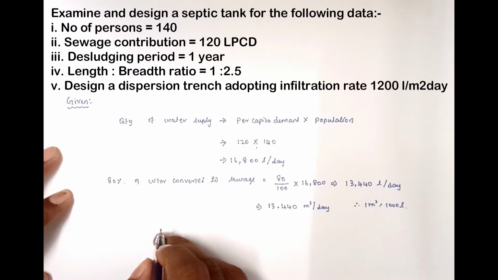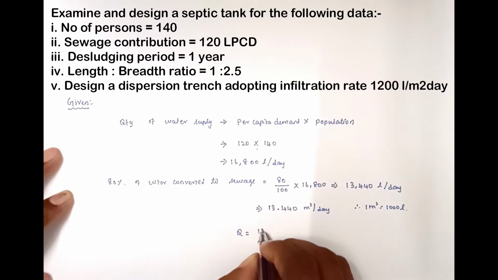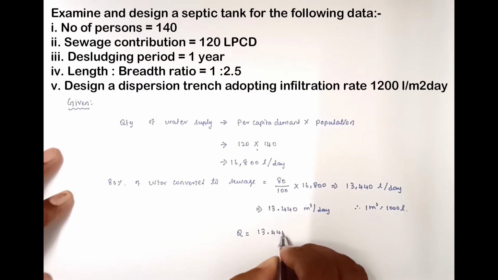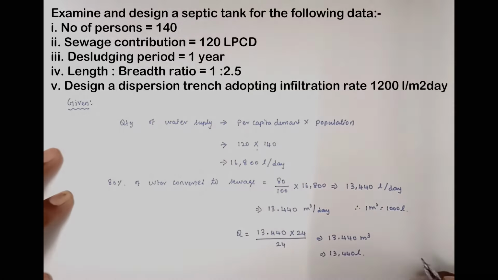Again, we calculate the detention period for 24 hours. So Q is equal to 13.440 into 24 over 24, equal to 13.440 meter cube, that is 13,440 liters.